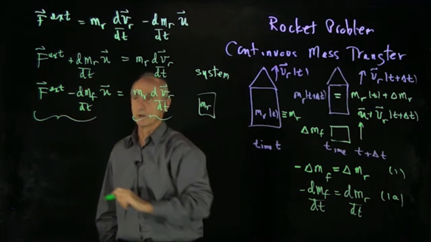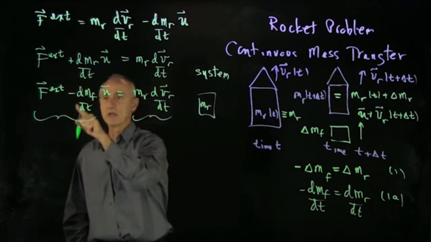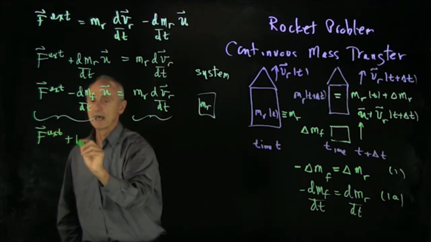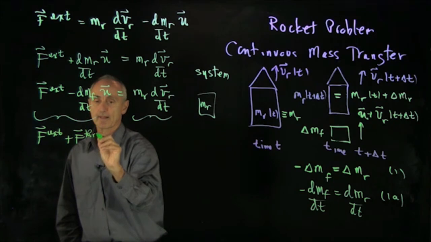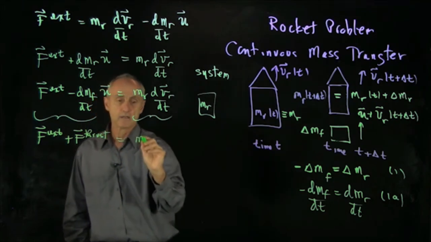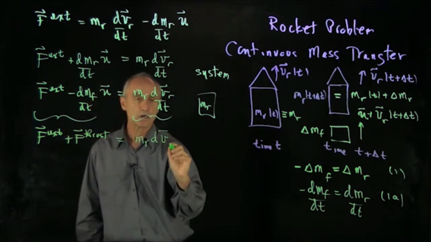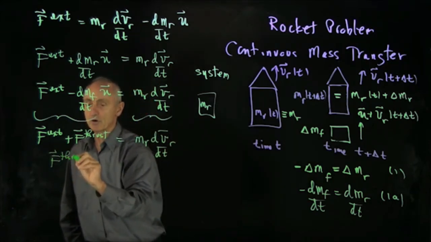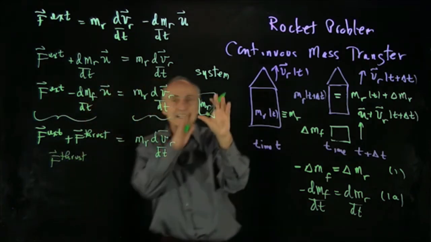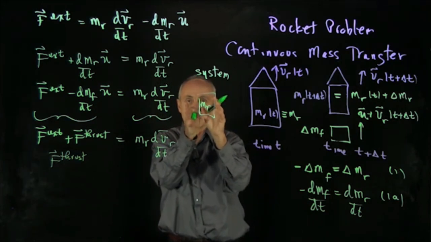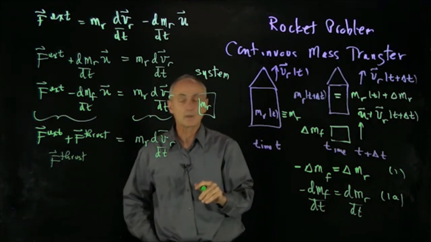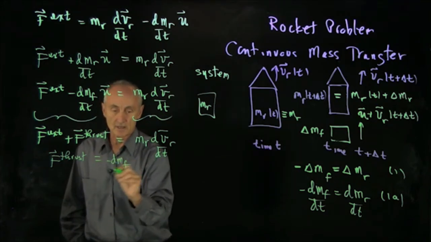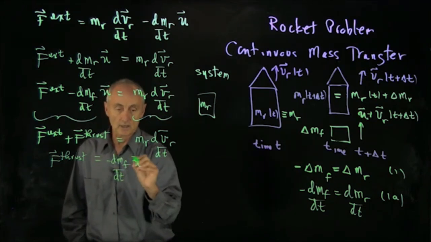The external force might be the gravitational field, but we have a new term here, which we're going to refer to as thrust. And so our thrust can be thought of as an external force simply on the rocket as a system, and that's equal to minus dm_f/dt u.